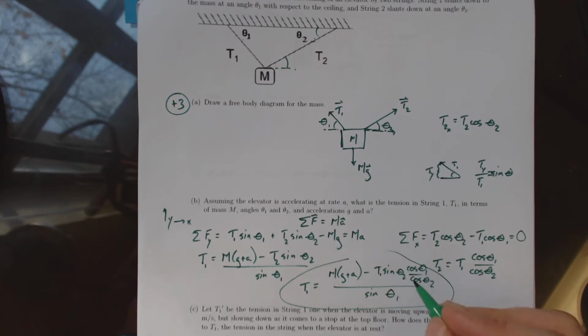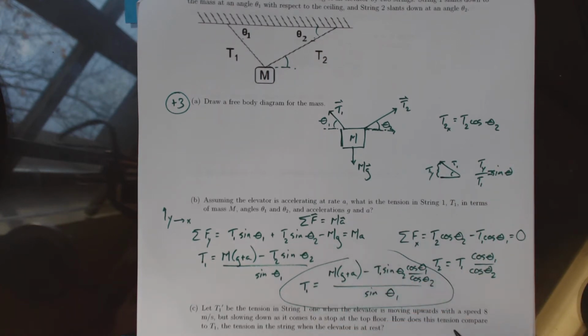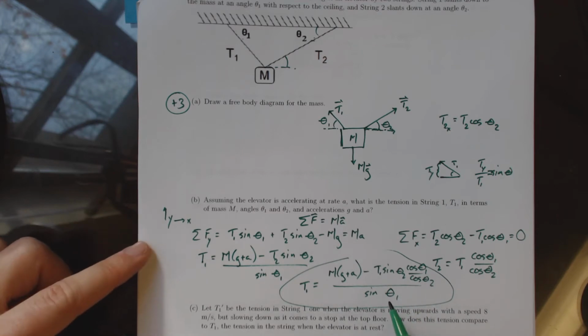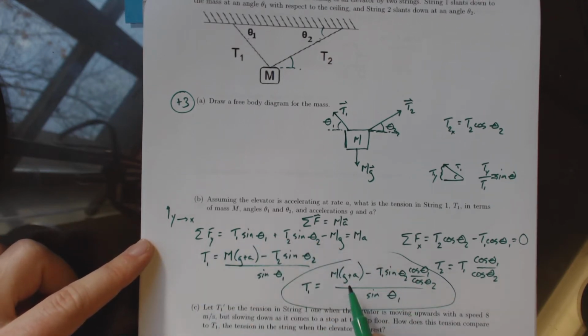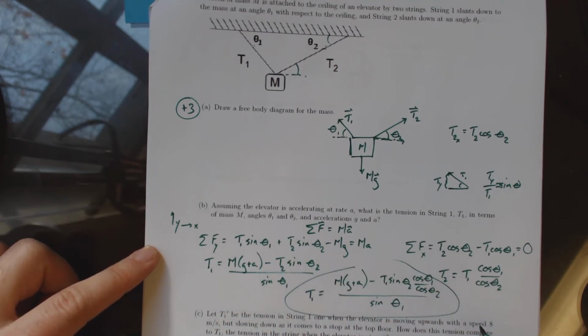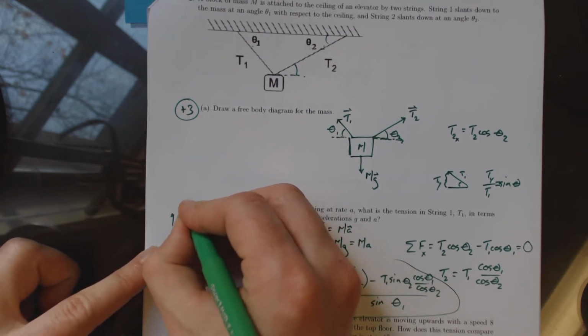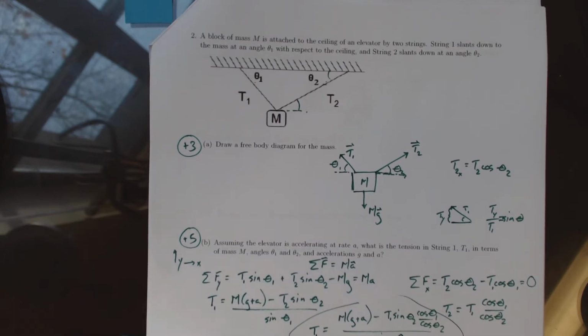Now you could express this in terms of a tangent, so tangent of theta 2, but something like this. There are different forms. We accepted them all as long as they only had m, theta 1, g and a. You could imagine that we gave you numbers for these. So this was worth 5 points since there were a lot of steps. We make it worth more so that we can give you more partial credit.